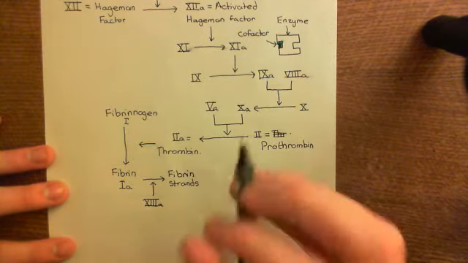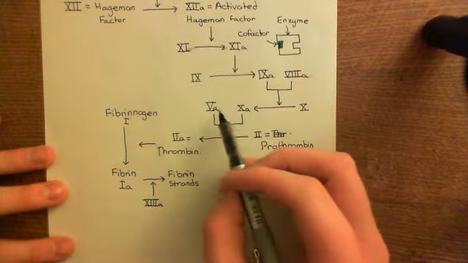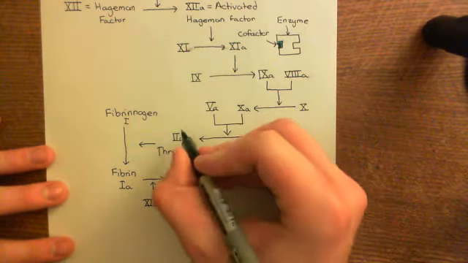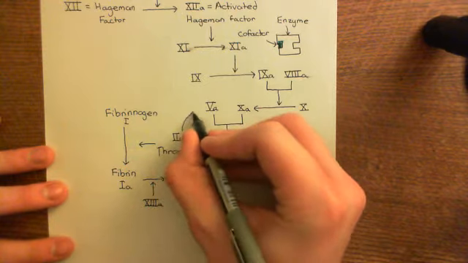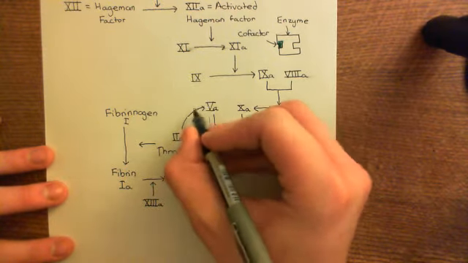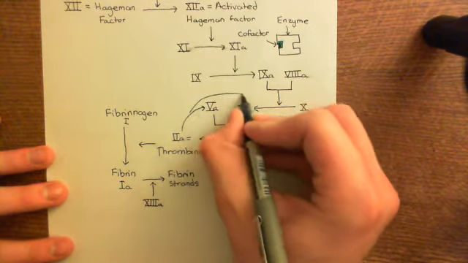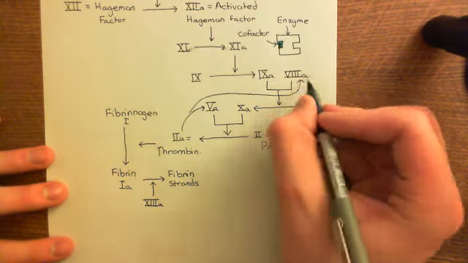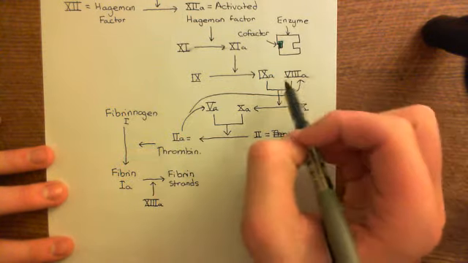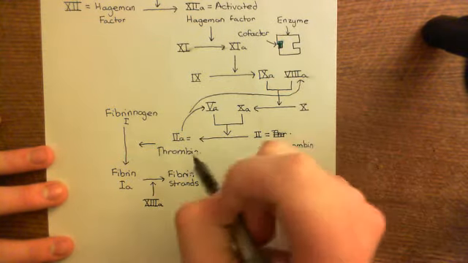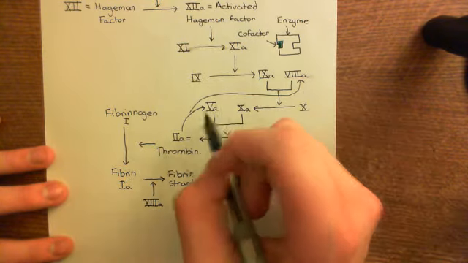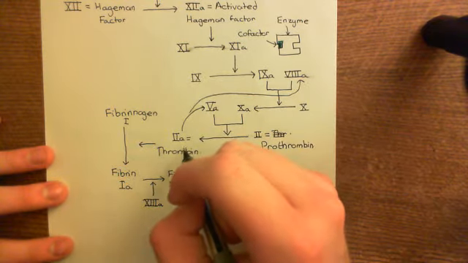What I promised then to tell you was, where does the factor 5A and the factor 8A come from? Well, basically, it is factor 2A, or thrombin, which results in the production of 5A and 8A. So you might say, well, this is bad, because how are we ever going to get any prothrombin made into thrombin if we don't have 8A and 5A until you've created thrombin?